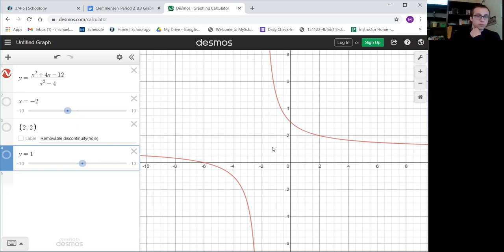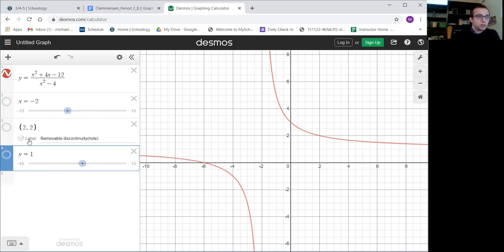This will give you partial credit any time you turn in a graph for whatever it's asking. To get full points, you will need to label the vertical asymptote, any removable points, and then any horizontal asymptotes.